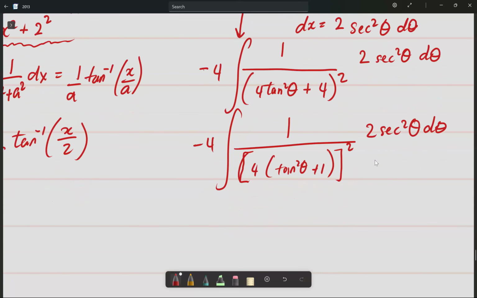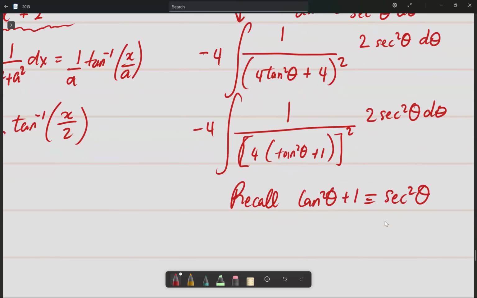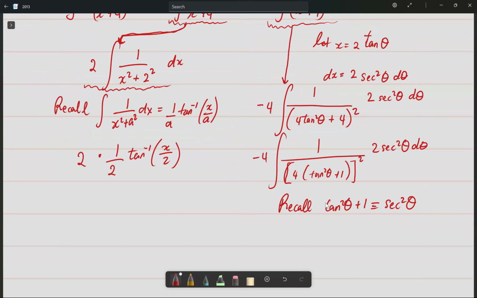Now the identity I have to know is that, recall, tan squared theta plus 1 is the same thing as secant squared theta. Okay? So that's the identity that is also necessary here. The next step then is 4, the integral of 1 over 4 secant squared theta all squared, 2 secant squared theta d theta.